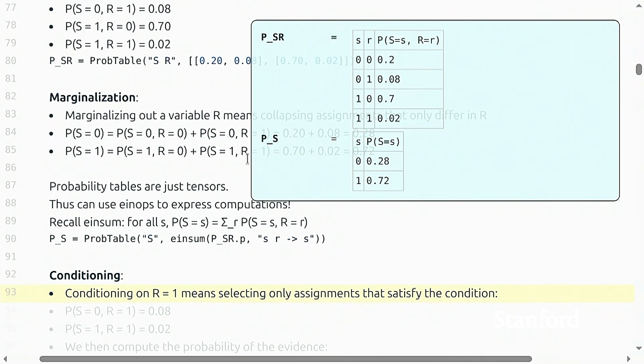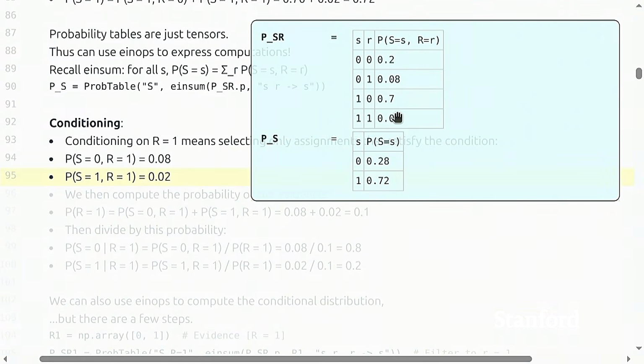R equals 1 means I'm only going to pay attention to the rows where R equals 1. There are two rows where R equals 1, where S is 0 and R is 1, and S equals 1 and R is 1. The other two rows just don't matter. So in general, I'm always conditioning on a particular value here, which means I'm selecting a set of rows.